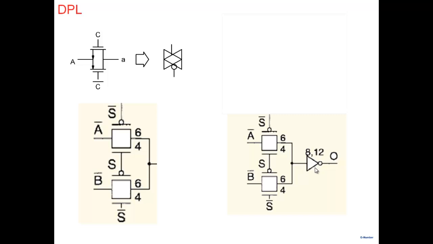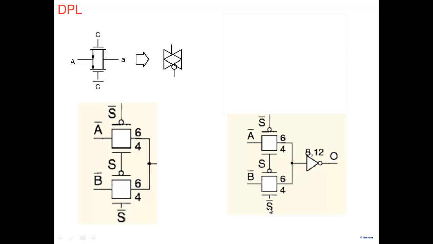Now as I've also been saying, everywhere you see that I require an S and an S bar, an A bar, an A, and all that. Which means that while you are generating this, why not generate O bar also, because it would be required somewhere else. If I try to cascade this particular one to the next gate, I would require the output O, and I'll frequently require O bar also. For example, if it has to go to the gate of some transistor here, I'll require S bar and I'll require S also.